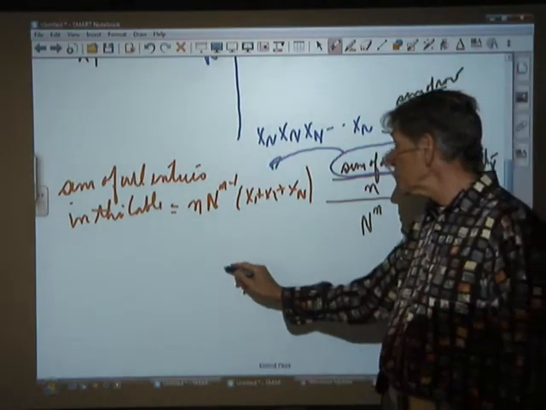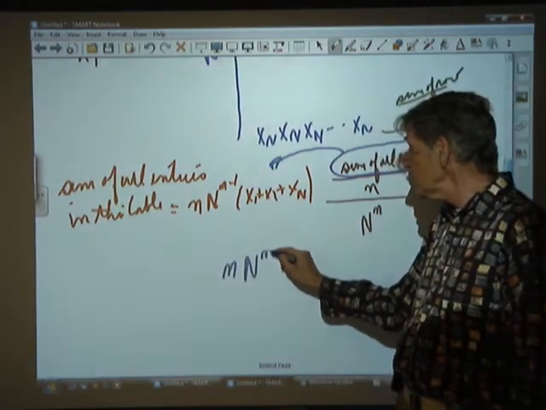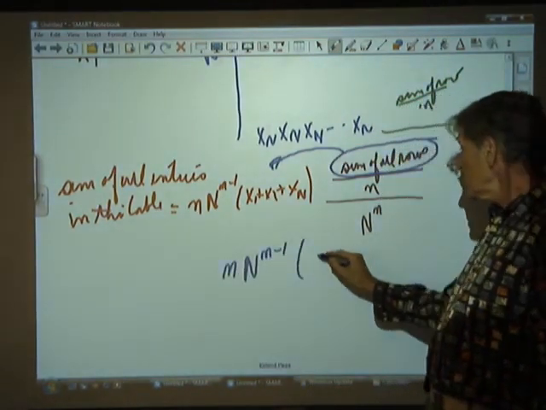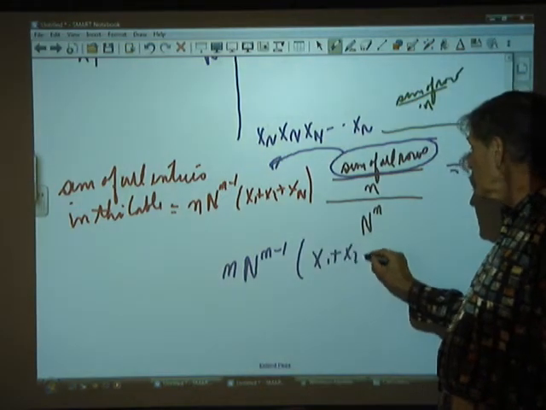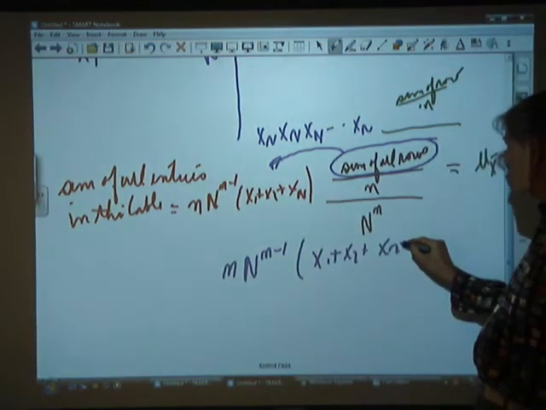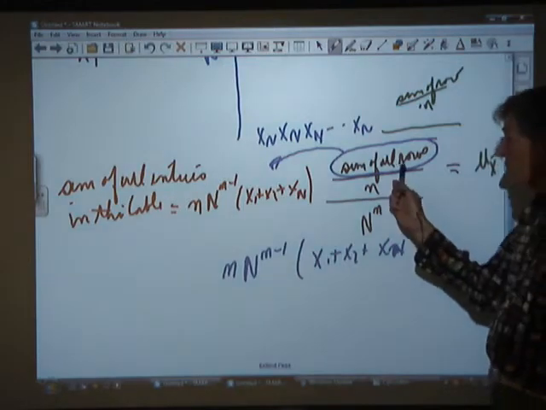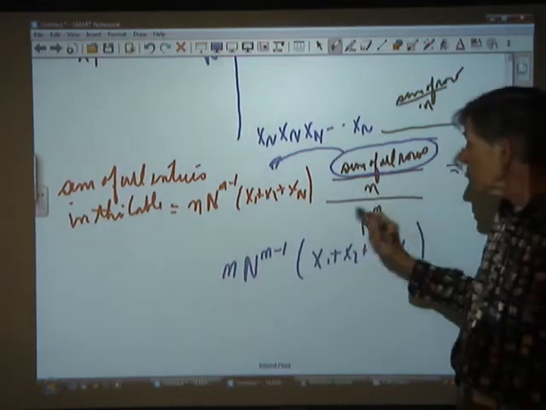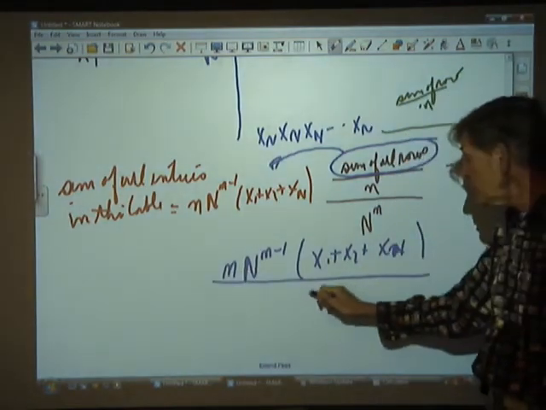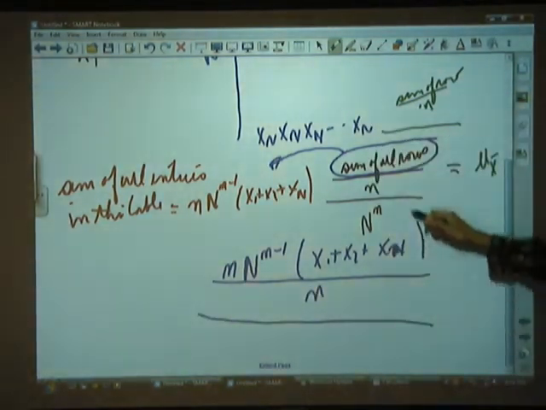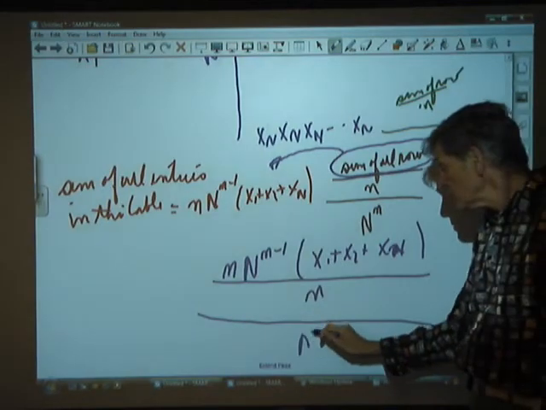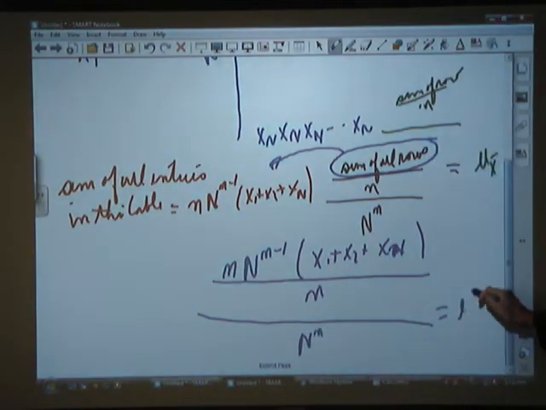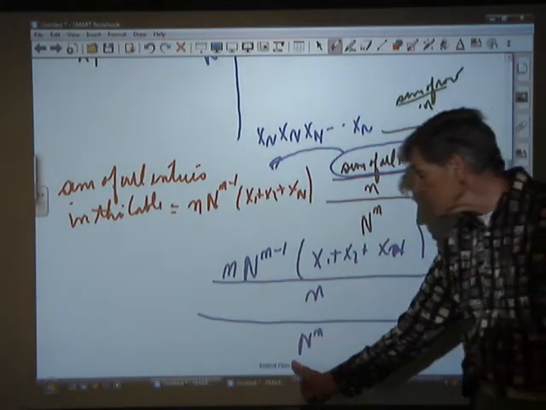So what we have is small n, capital N to the n minus 1 times x1 plus x2 all the way up to xN. What we've done is replace the sum of all rows by what we established it to be equal to in part 2. That's divided by small n, and all of it is divided by the number of rows that there are, and this is going to establish the mean of the means.